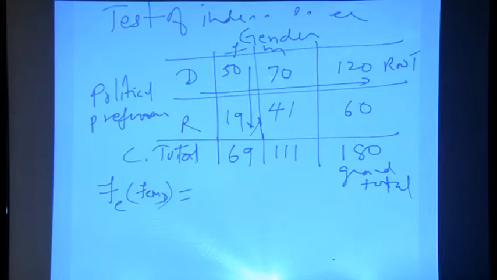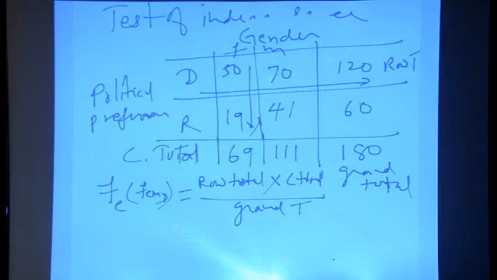We take the row total multiplied by column total and divided by grand total. So, in this case, row total here for the 50 is going to be 120, and for that the column total is going to be 69 and divided by the grand total, which is 180.